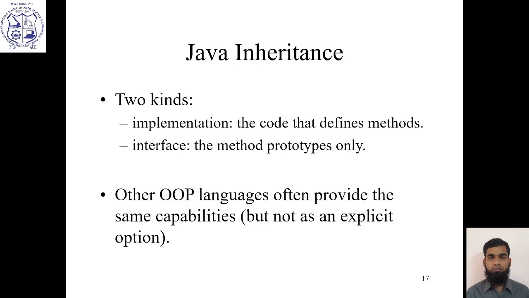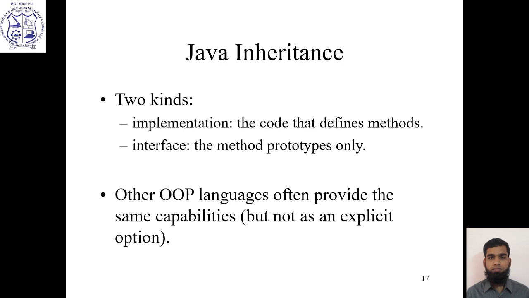There are two kinds of inheritance: implementation inheritance and interface inheritance. Implementation inheritance is the code that defines methods; interface inheritance is the method prototypes only. In implementation, whenever we are using the extends keyword, we can implement methods inside a superclass as well as in the child class.